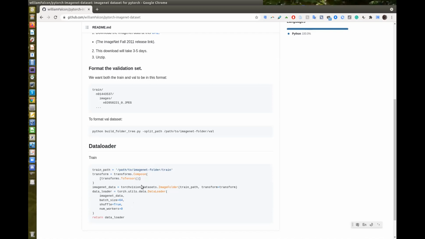I think fast AI has an even more refined API for that. I played with that a year ago, so I forgot most of it.